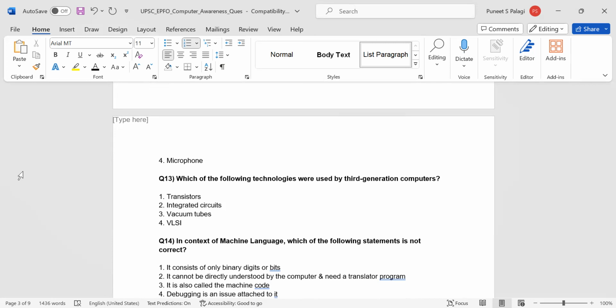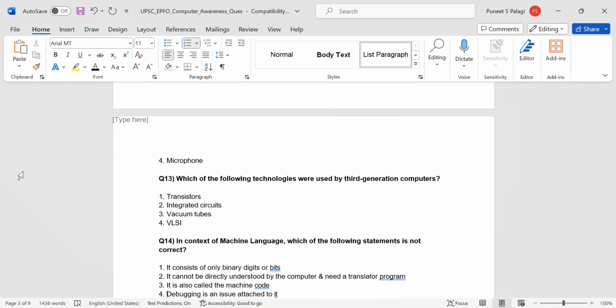The next question: which of the following technologies were used by third generation computers? Transistors, integrated circuits, vacuum tubes, VLSI. When we say third generation computers, these are newer computers, sophisticated computers with good memory, very good processing speed, all the new technologies supported, all right?